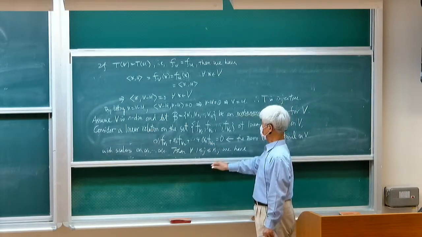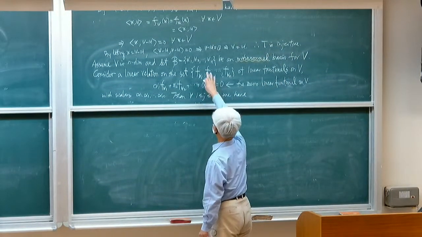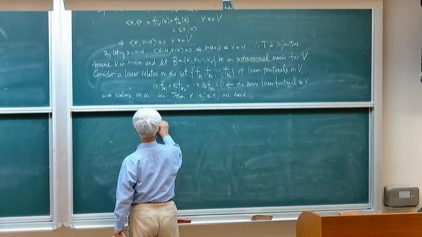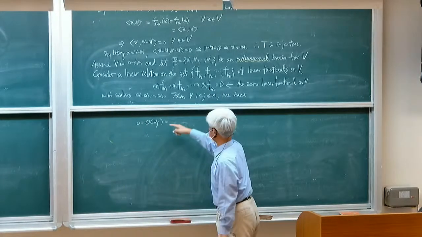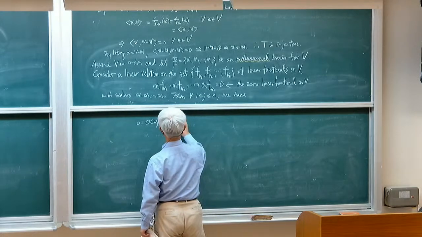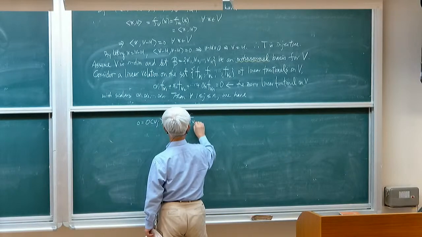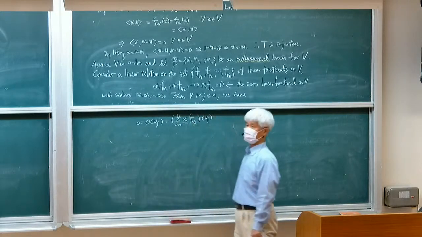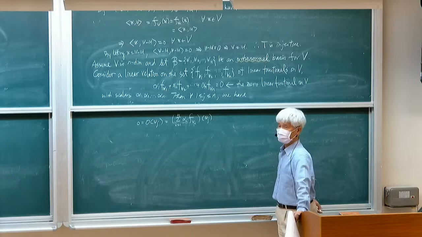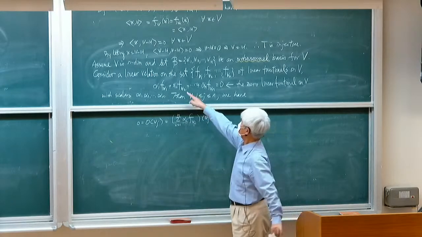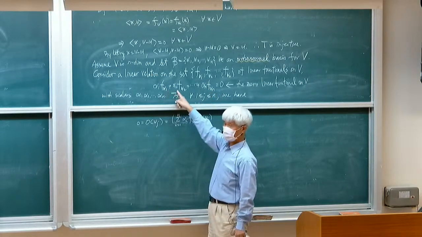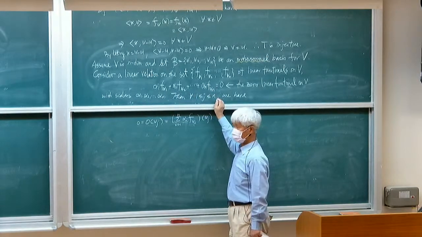So we apply it on v_j. The zero function at v_j is 0, and this is the summation from i from 1 to n of alpha i f_vi at v_j, because this linear combination is the zero linear function.